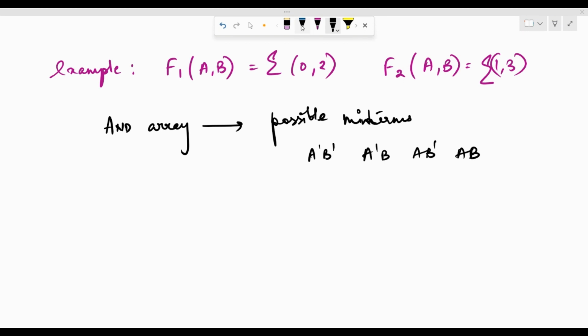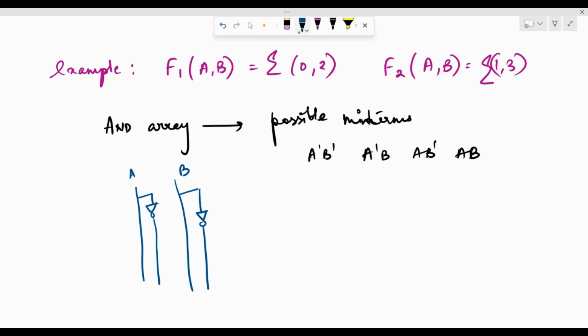So if I want to implement this, this is A, I will need a complemented version of it, A'. This is B, and this is going to be my B'. So all the minterms are going to be available from the AND array.